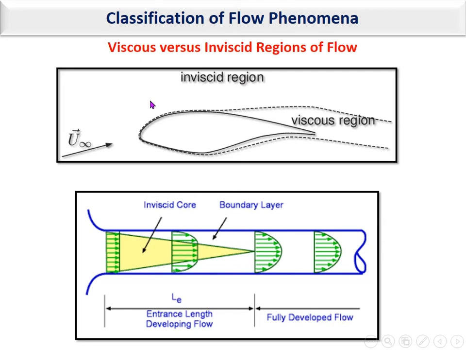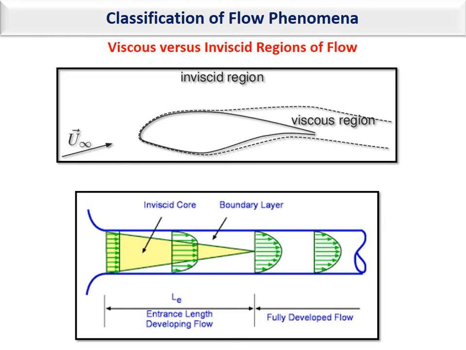What is the reason for classifying the flow into inviscid and viscous region? Because, as you will see later in the course, the governing equations of fluid flow for the inviscid region are much simpler than for the viscous region.